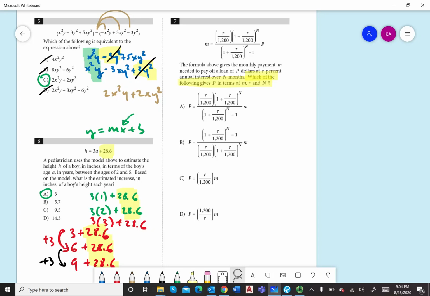So how do we do this? M would always end up with this guy here, okay? And P would always end up with this guy here, the numerator. So let's look at the formulas. Well, right away we can see that there's no way the answers are going to be those two.